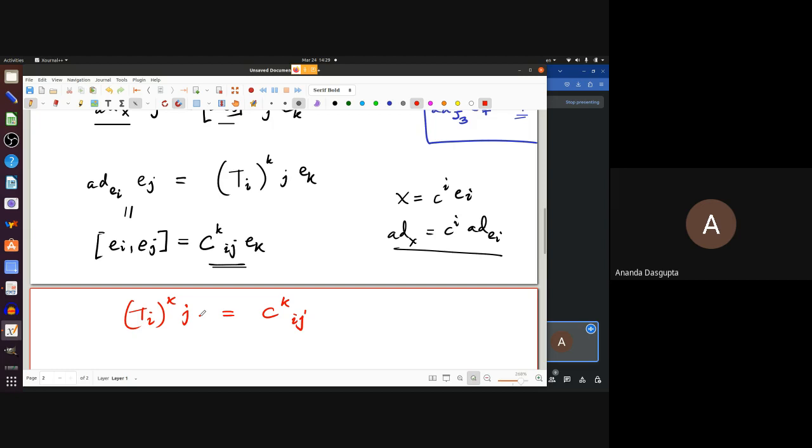In the original edition, he definitely did that. He just said, okay, let's take a bunch of matrices T1, T2, T3 up to TR. How do I define the matrices? The kth row, jth element of these matrices is just the structure constant c^k_ij, so the ith such matrix is c^k_ij. And then he went on to show that these matrices actually have the same commutation relation that you would expect from the structure constants, that is, the same commutation relation as the original Lie bracket.